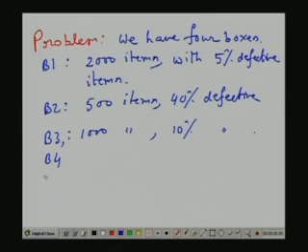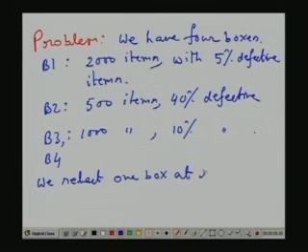We select one box at random. So, whether we pick up B1 or B2 or B3 or B4, the probability of a particular box being selected is 1 by 4, that is obvious.